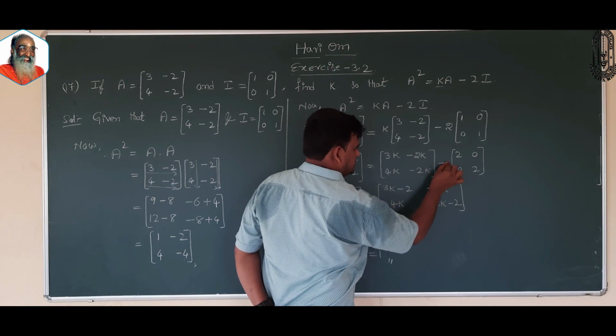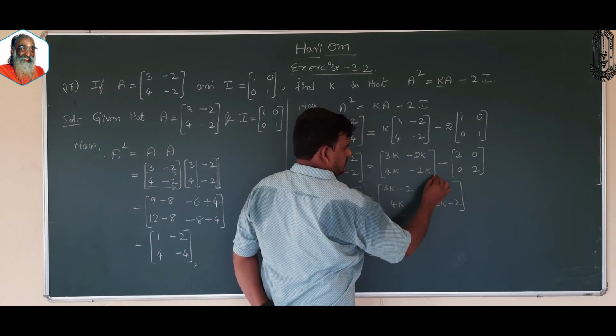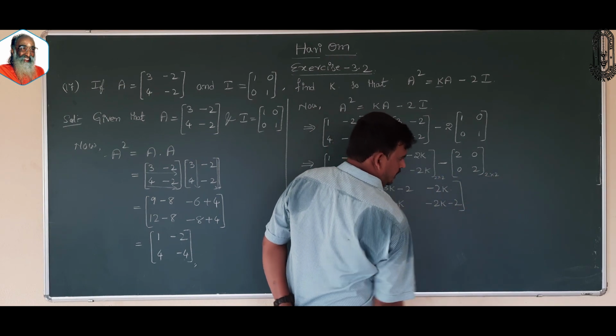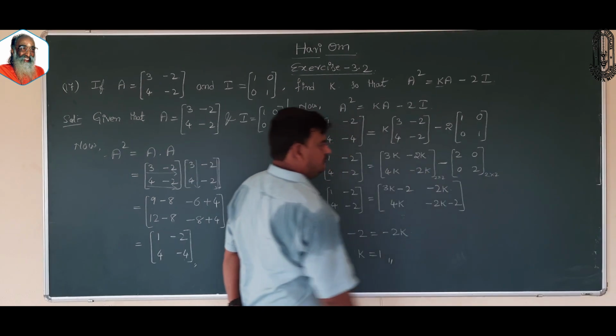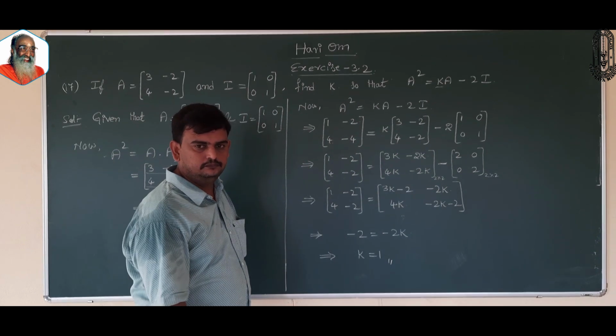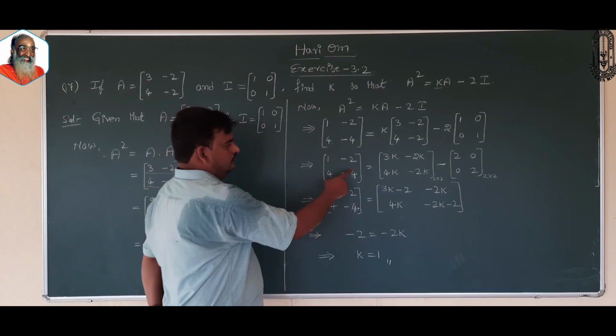Now we are going to subtract these two matrices. Both are 2 by 2 order matrices, having the same order, so we can subtract and also add.